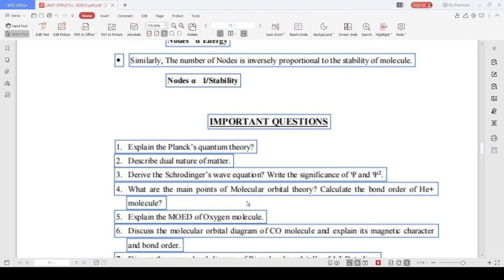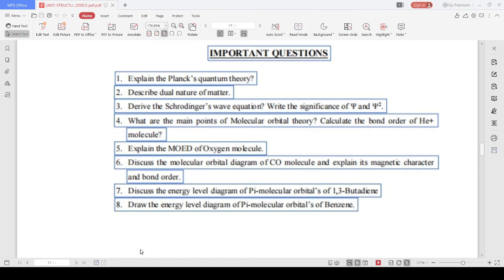What are the main points of molecular orbital theory? Calculate the bond order of the helium plus molecule. Explain the MOED of oxygen molecule, where MOED means molecular orbital energy diagram. Discuss the molecular orbital diagram of carbon monoxide and explain its magnetic character and bond order.